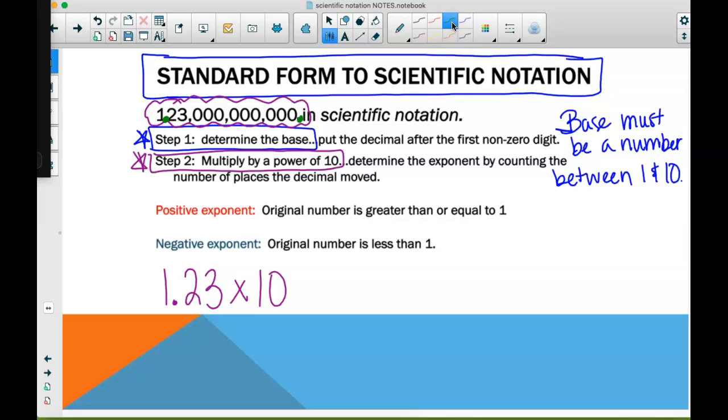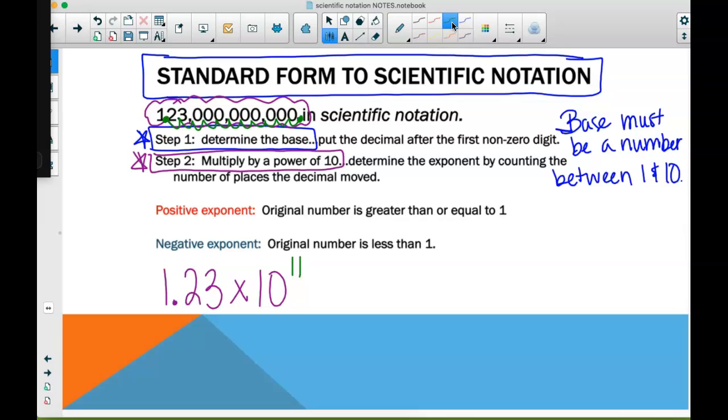So we have to count, it moved 1, 2, 3, 4, 5, 6, 7, 8, 9, 10, 11 places. So it's 1.23 times 10 to the 11th power. Okay. Now it's positive 11 because we started with a really, really large number. If we would have started with a really, really small number, then it would have been negative 11.